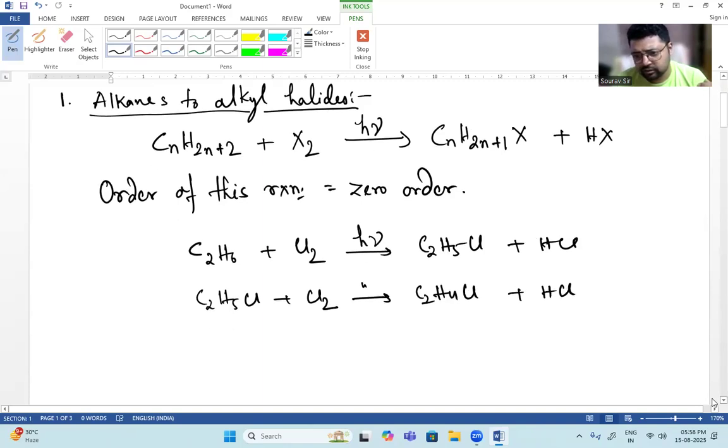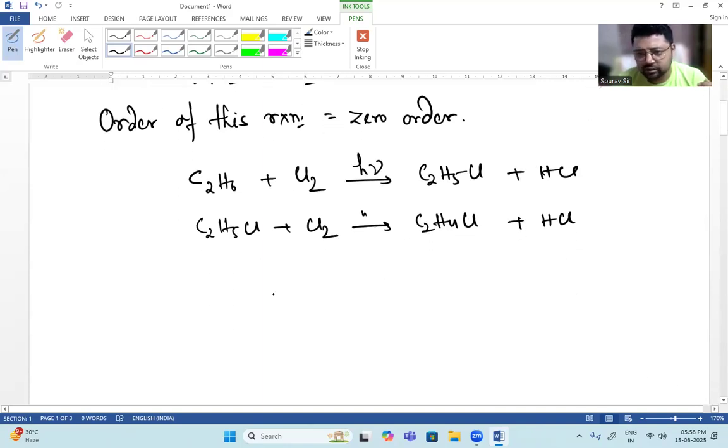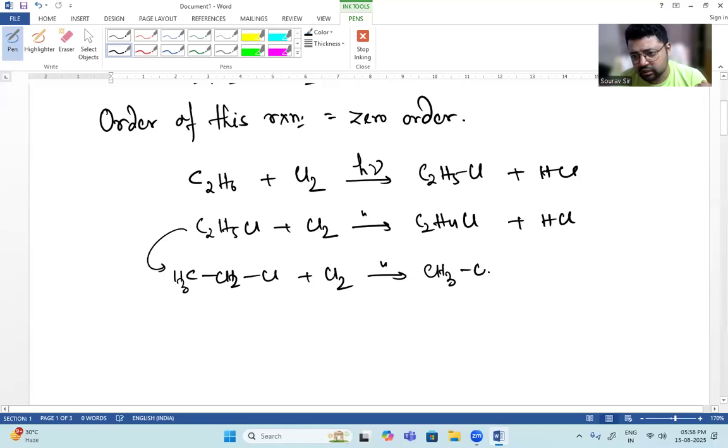Now I'm just breaking the structure. C2H5Cl is CH3CH2Cl; when treated with Cl2, you will get CH3CHCl2, and this is the HCl.